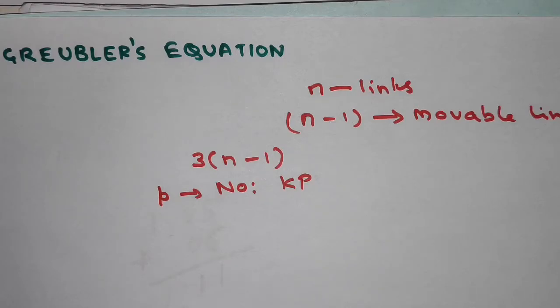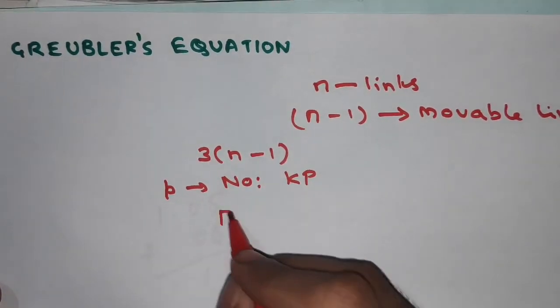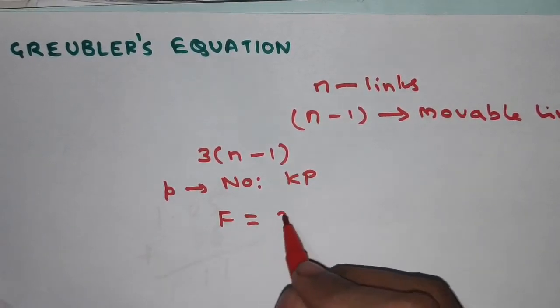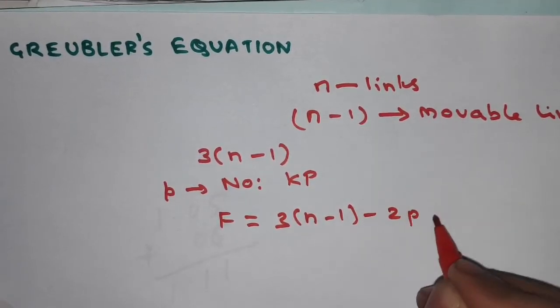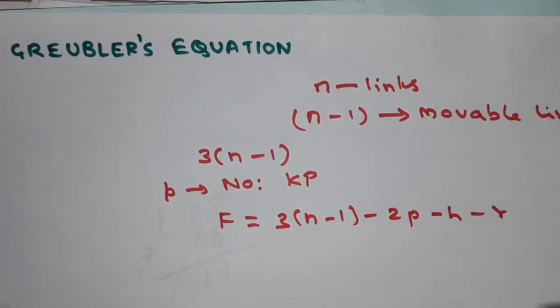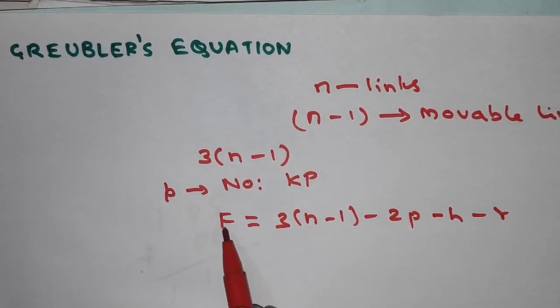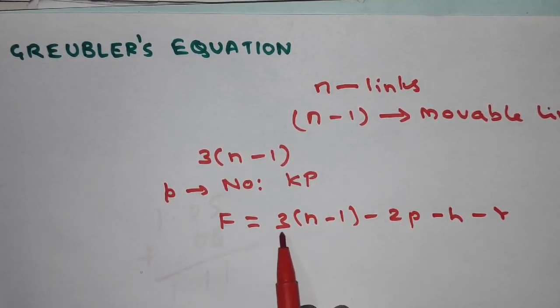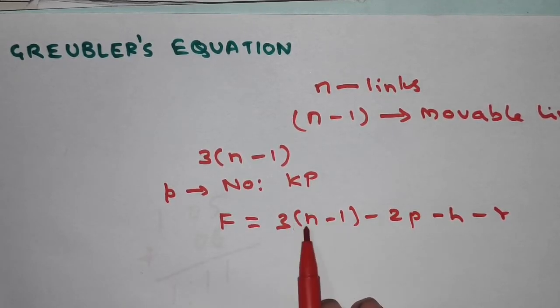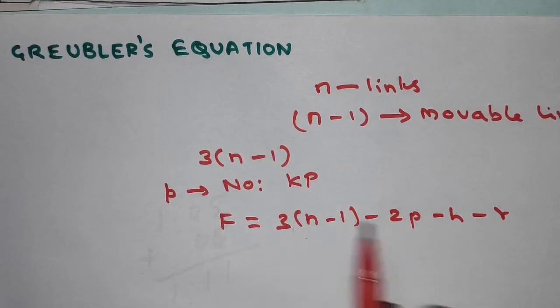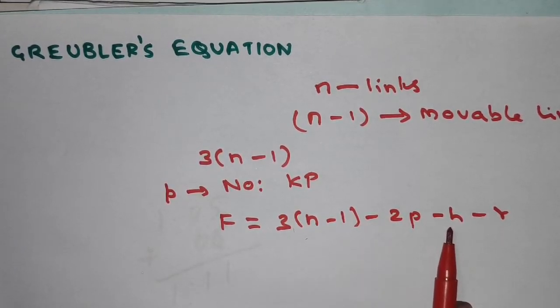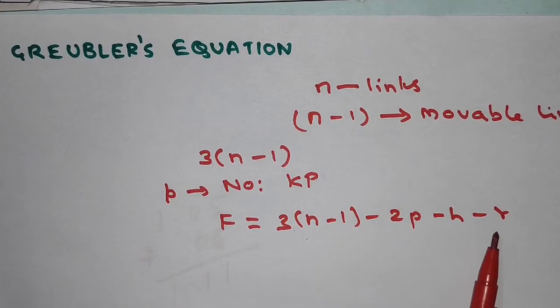That is, F is equal to 3 into n minus 1 minus 2p minus h minus r. So now let us see what these parameters are. F is degree of freedom, n is the number of links, P, we have already seen, is the number of kinematic pairs, H is the number of higher pairs, and R is the number of redundant degrees of freedom.